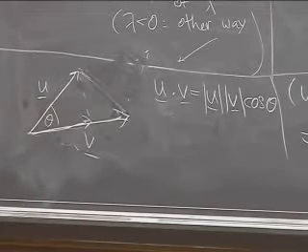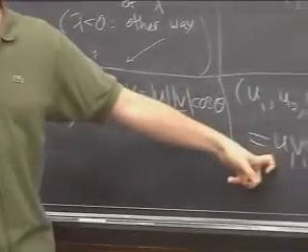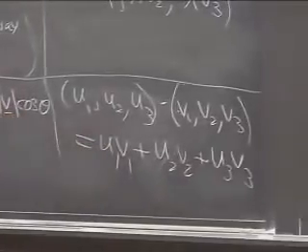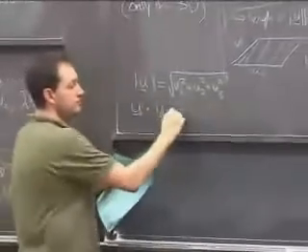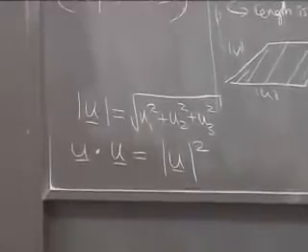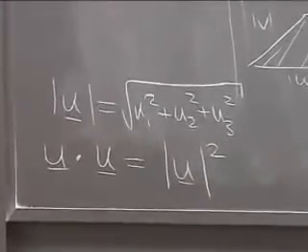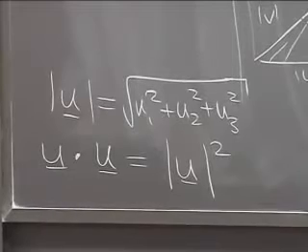Anyway, these things are fairly useful. In fact, this is particularly useful because it's such a simple formula. And it also, by the way, corresponds to a formula that we said we need to remember: U dot U is the length of U squared. The other facts, as I did last week, were that if U dot V is 0, then they're perpendicular, and vice versa.